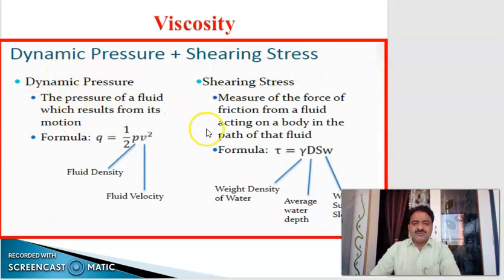Now let us see dynamic pressure and shearing stress. Dynamic pressure is the pressure of a fluid which results from its motion. q is equal to half rho v square, where rho is fluid density and v is fluid velocity. Shearing stress measures the force of friction from a liquid acting on a body in the path of the fluid.